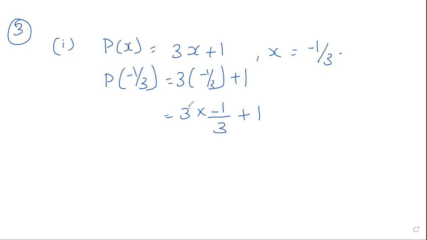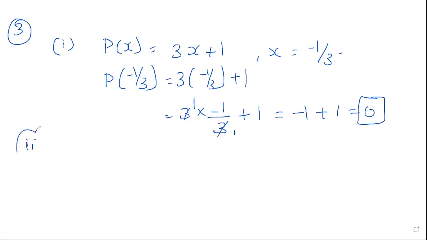So you can cancel 3 and 3. That is equal to 1 into minus 1 plus 1. So that is 0. Okay, children.